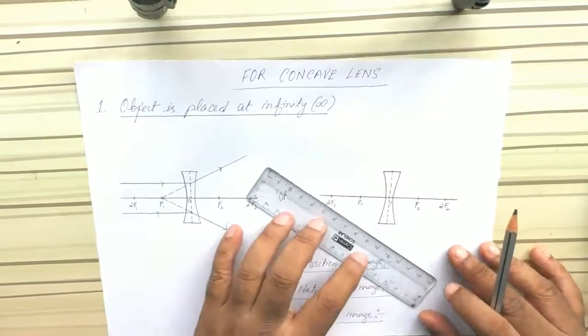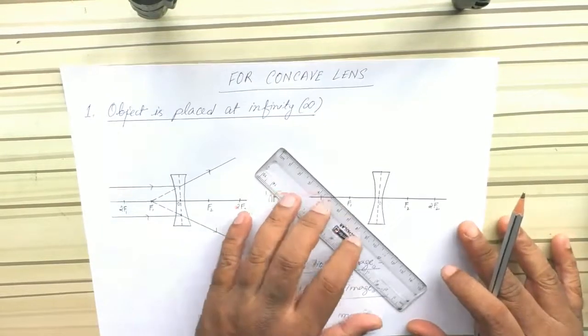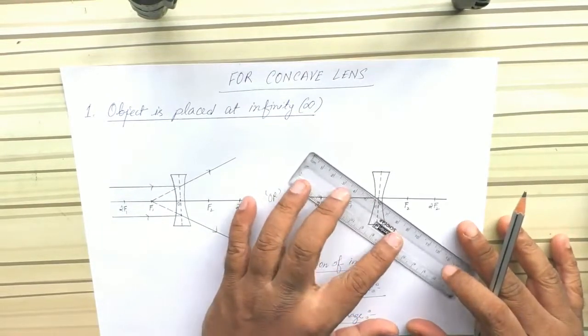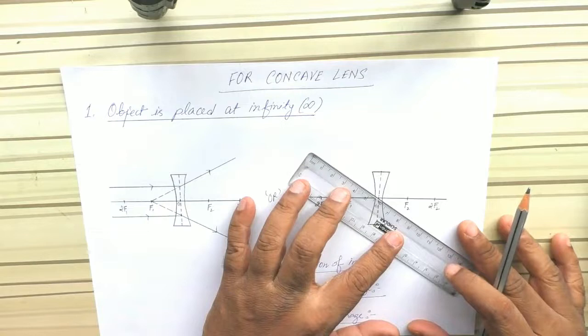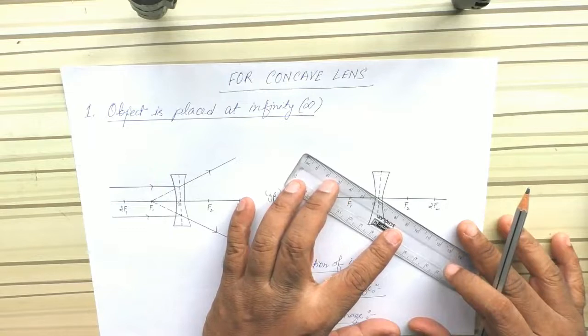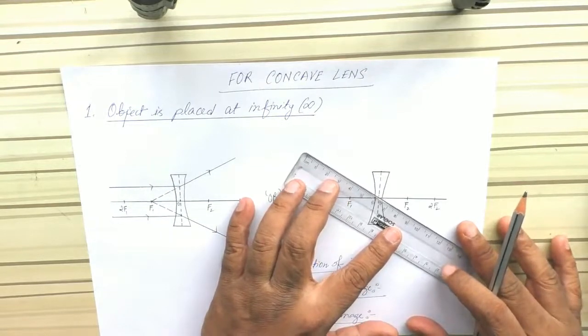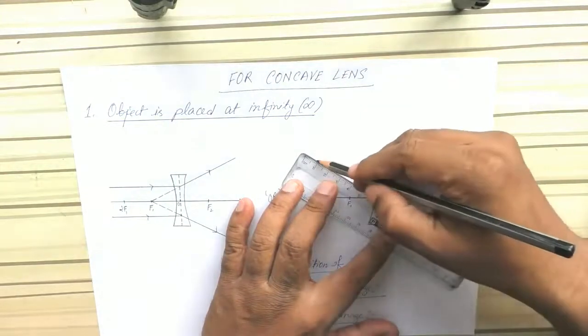In this second method, the incident rays are parallel to one another, but they are not parallel to the principal axis. We can consider one ray which is passing through optical center.